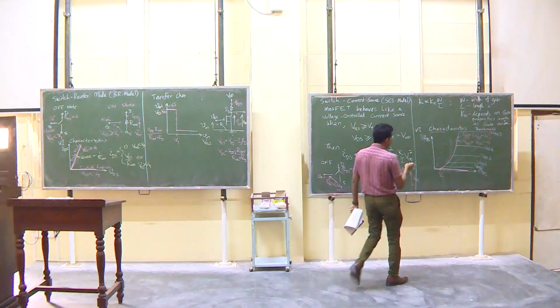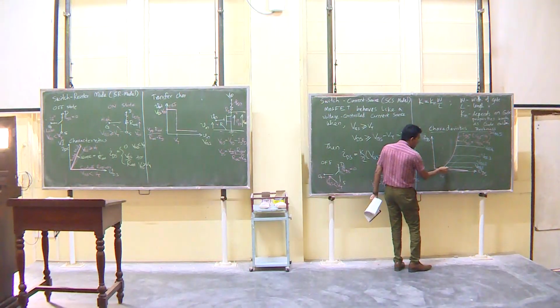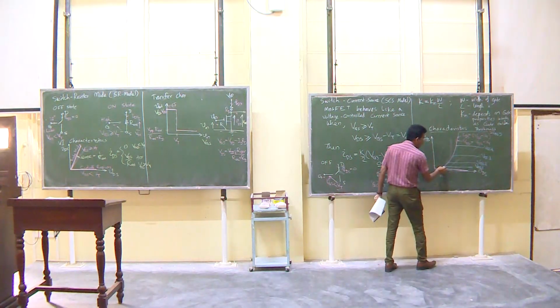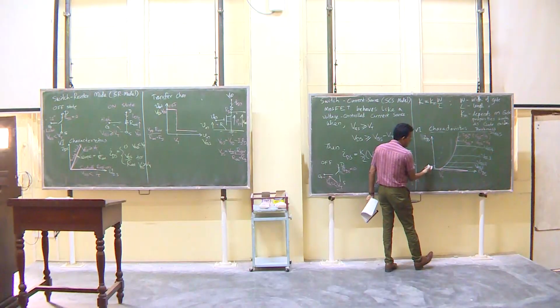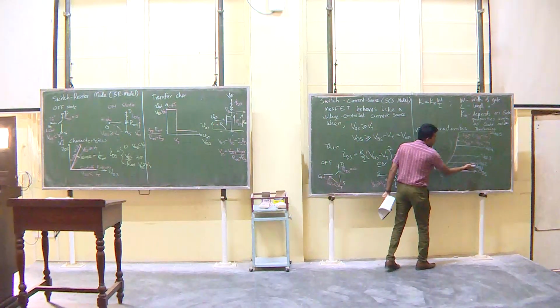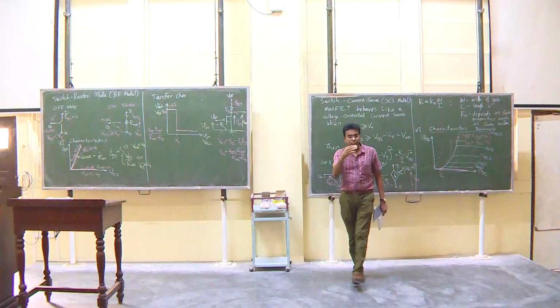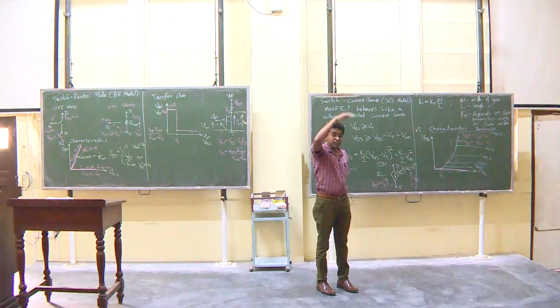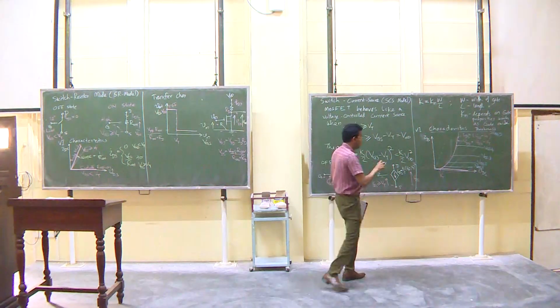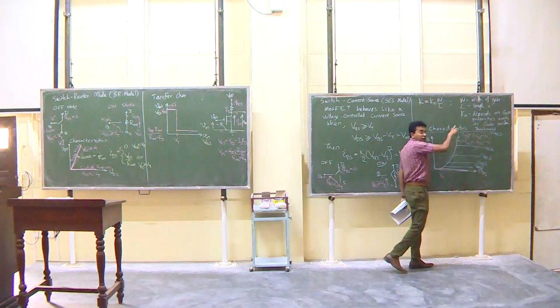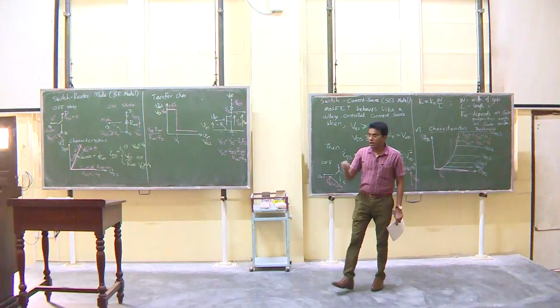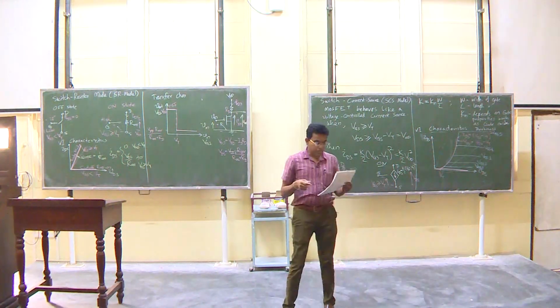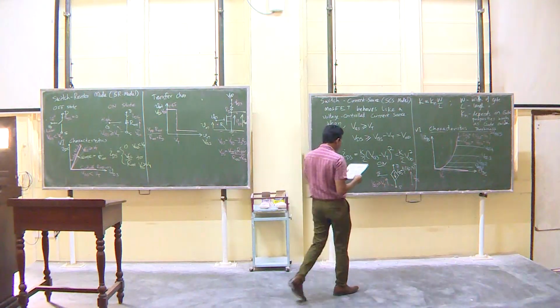IDS is proportional to VGS squared, actually, something related to square. That is why the distance between these lines gets bigger and bigger as you go up.